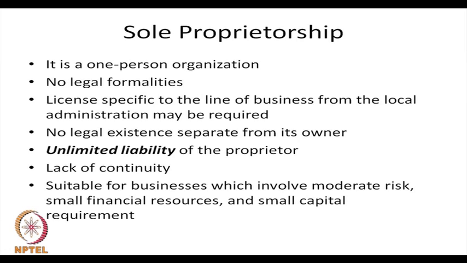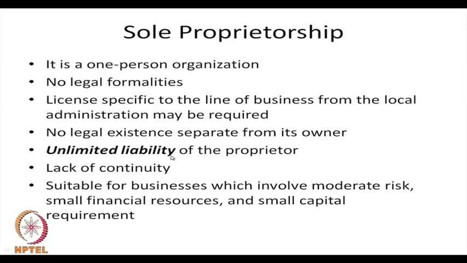Now, there is no legal existence separate from its owner, because it has no legal formalities excepting for the license. So, if anything happens, the owner is liable. In fact, it is a case of unlimited liability of the proprietor.